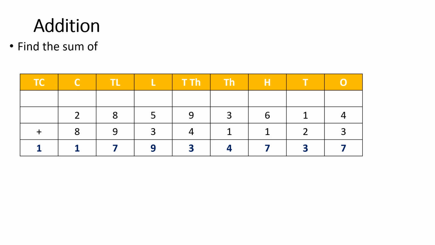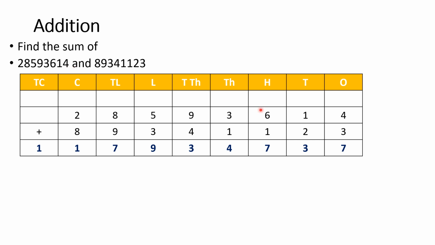Our question is: find the sum of 2 crore 85 lakh 93,614 and 8 crore 93 lakh 41,123. At first, I have written these numbers in the place value chart, and always remember, always start writing from the ones place.